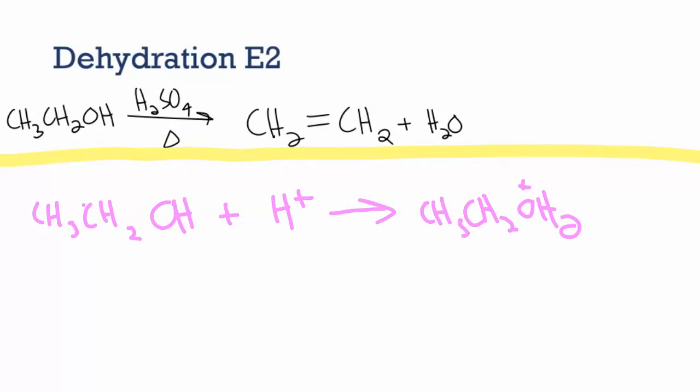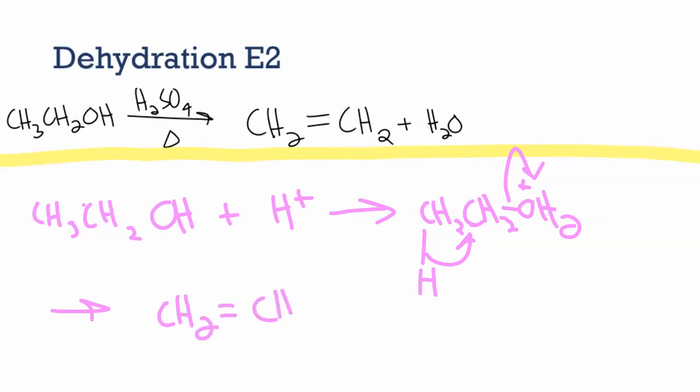Okay. So, because this is E2, it's going to happen all in one step rather than form a carbocation. So this CH bond will break, form a double bond here, and then this bond will break at the same time. And we'll end up with ethene, and then water will come off as our byproduct.